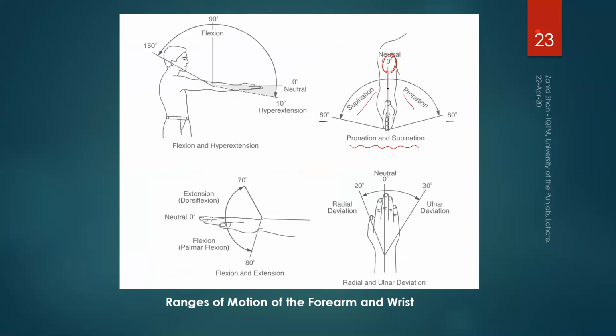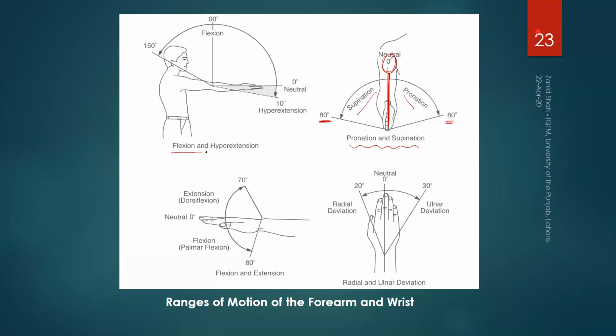So from this neutral posture, this neutral line, on either side we can move our lower arm up to 80 degrees. So this concept of neutral posture is very important, especially it will come into play once we discuss different tools, ergonomic assessment tools for posture.